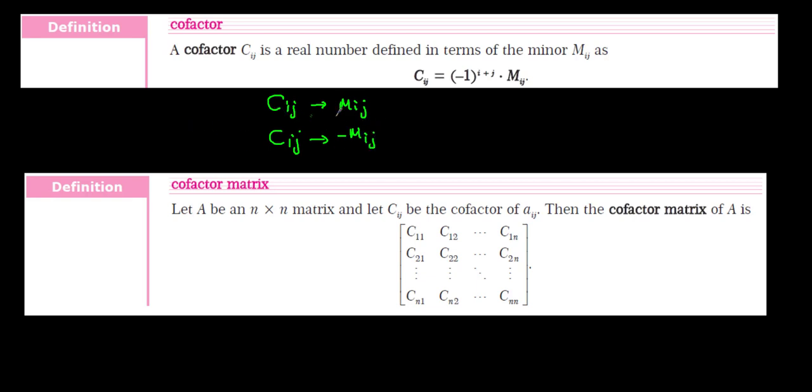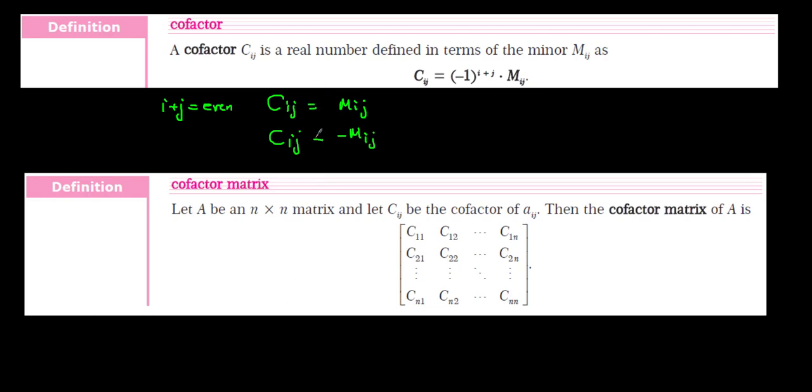In which condition is Cij equal to Mij? If i plus j, the row number plus column number, is even, they are equal to each other, because when the power is an even number, this is going to be plus 1, and 1 times Mij is going to be equal to Cij, which is actually, instead of writing these arrows, I can show with an equal sign.